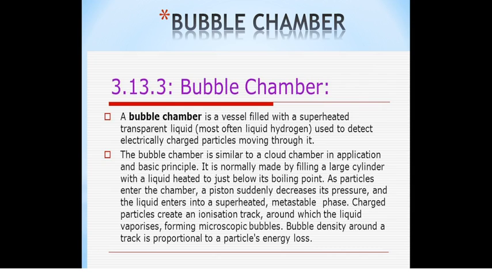I repeat, we are moving the piston downwards so that the pressure is decreased and the liquid inside the chamber is in a superheated situation. Whenever charged particles enter this chamber, they undergo ionization and the liquid vaporizes on these ions, forming bubbles. And these bubbles can be photographed and studied.